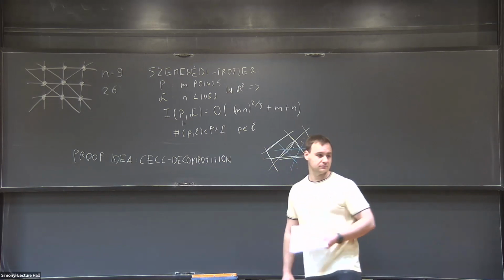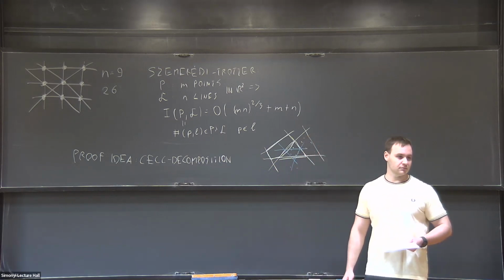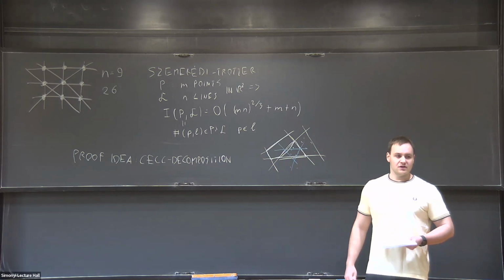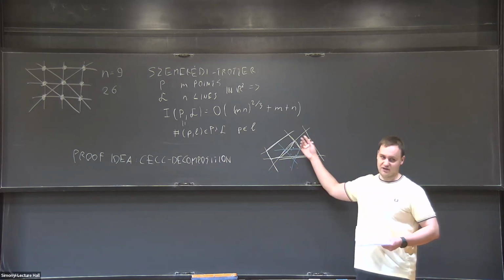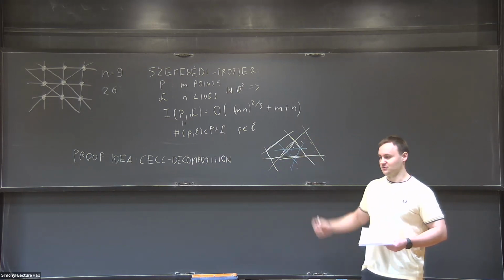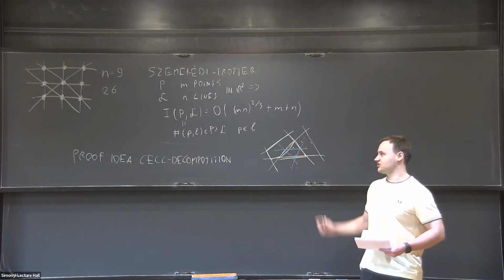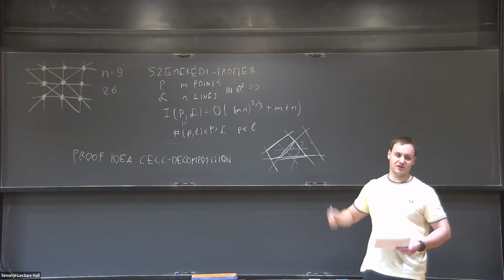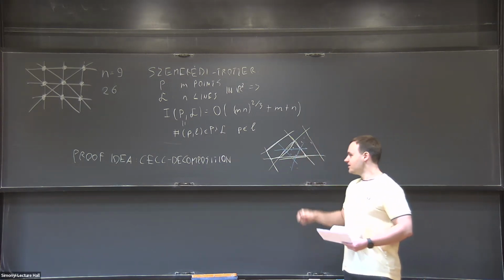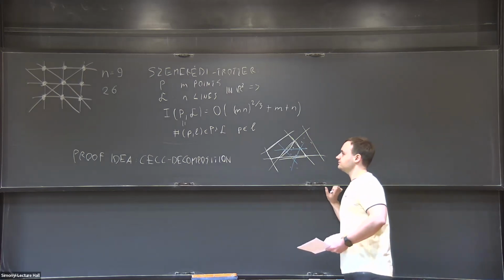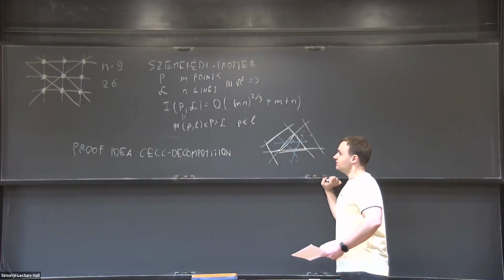Also a proof with polynomial partitioning. Yes, that's the same idea, but you define this cell decomposition using polynomials. They originally defined this cell decomposition just by choosing a random subset of the lines, but you can define the decomposition in multiple ways. Yes, thank you.